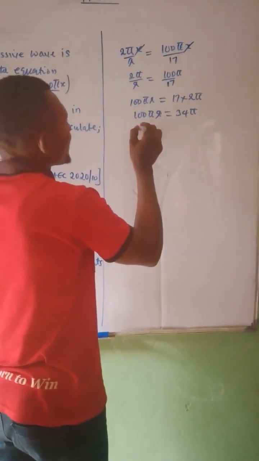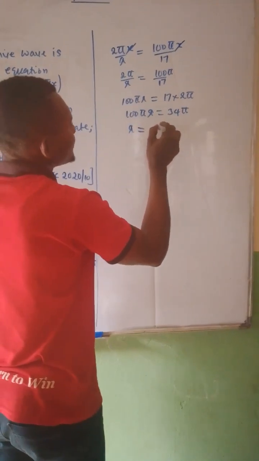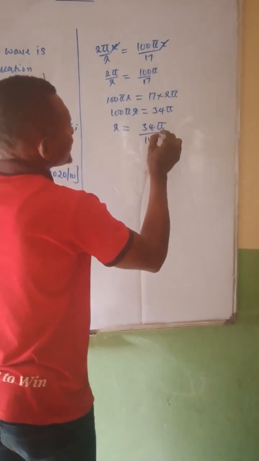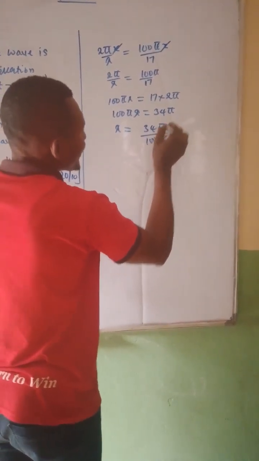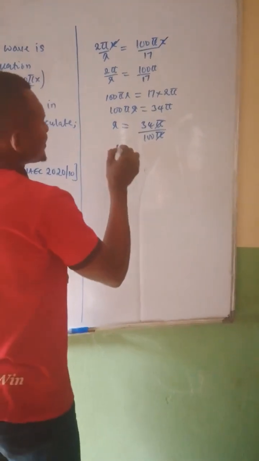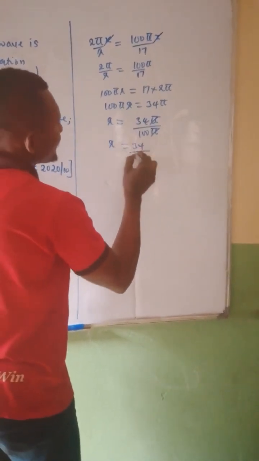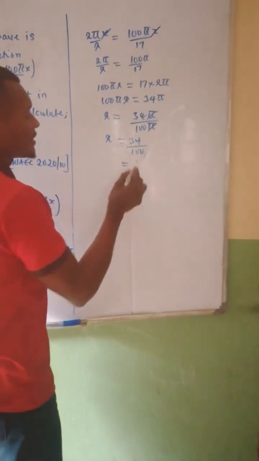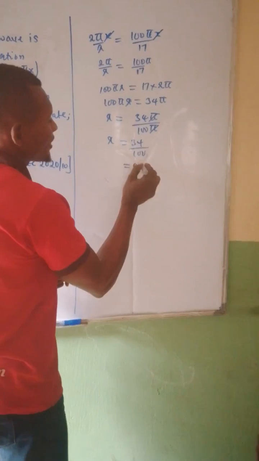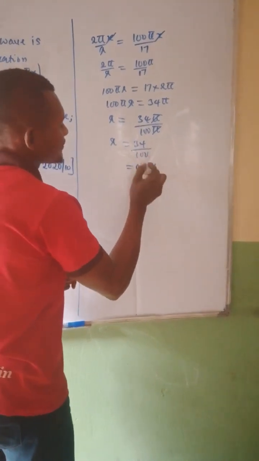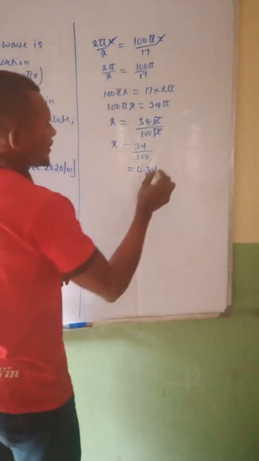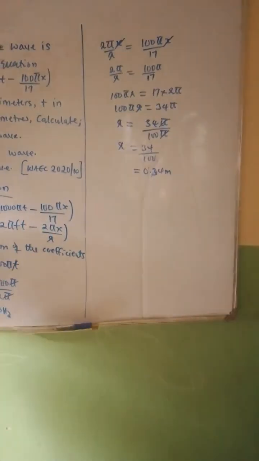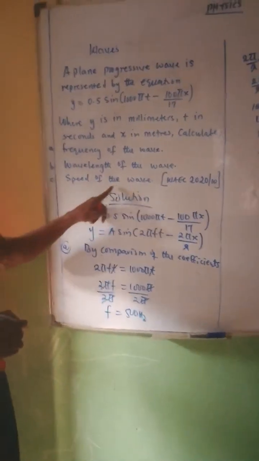So lambda will be equal to 34 pi over 100 pi. So pi can cancel out. You are left with lambda is equal to 34 over 100. When you divide 34 by 100, that will give us 0.34 meters.